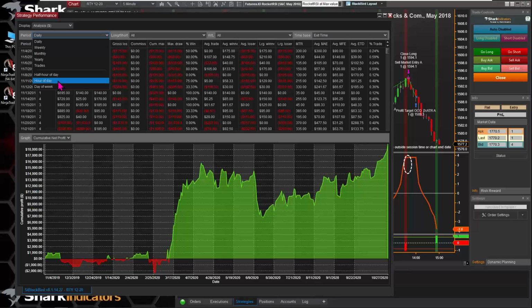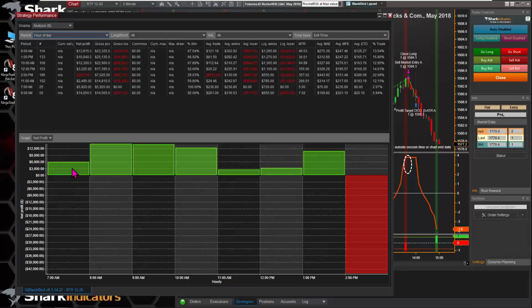One of the other things I was looking at when I was rehearsing for this is the hour of day. This can show you some interesting data as well. We can see that during the majority of the day, the system is making money, and it's that last trade of the day that's losing all the money.